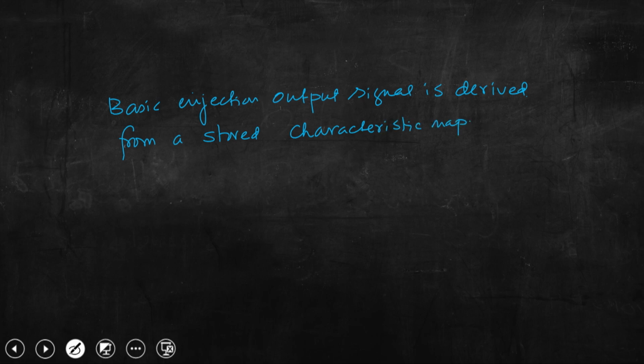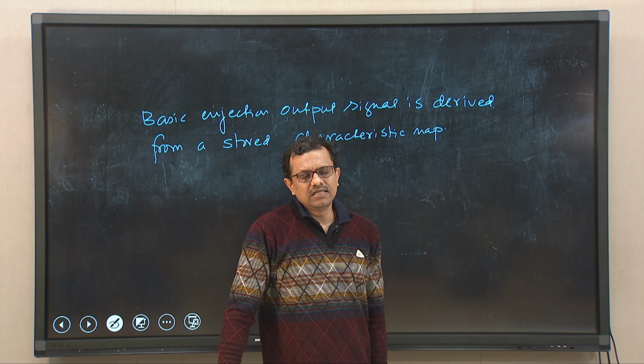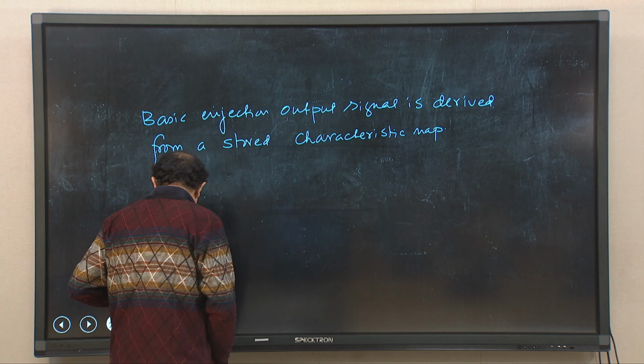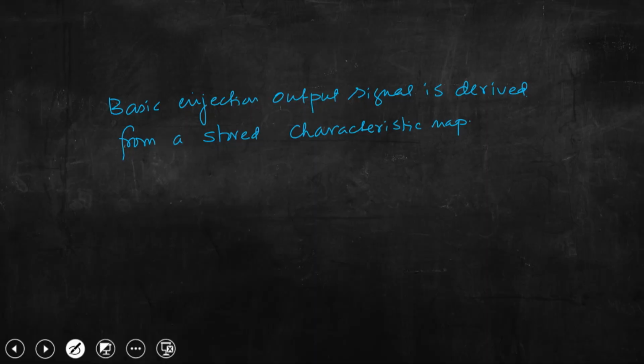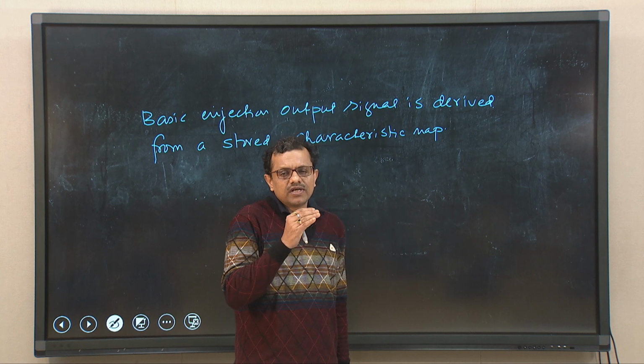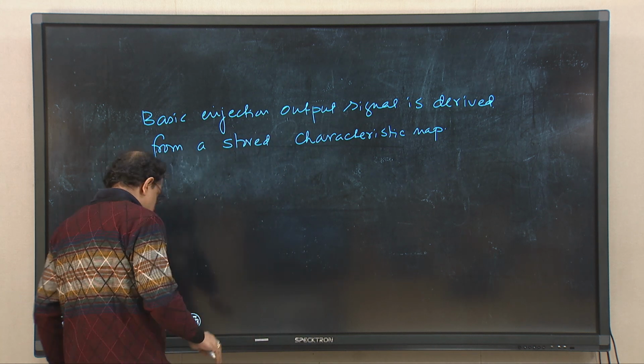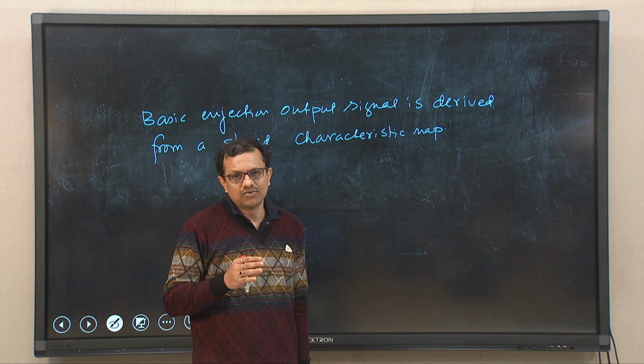See, this map is stored on the chip of the ECU. Basically, this characteristics map forms a part of the read only memory chip in the ECU.